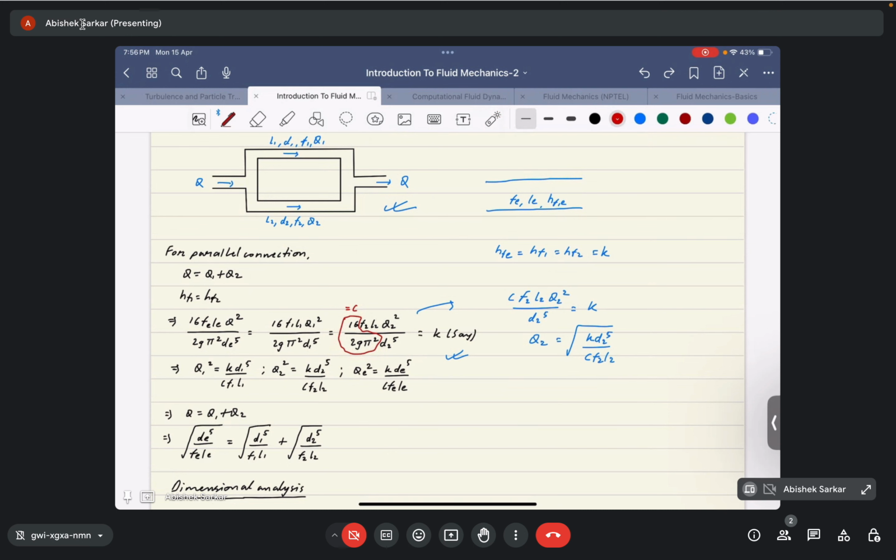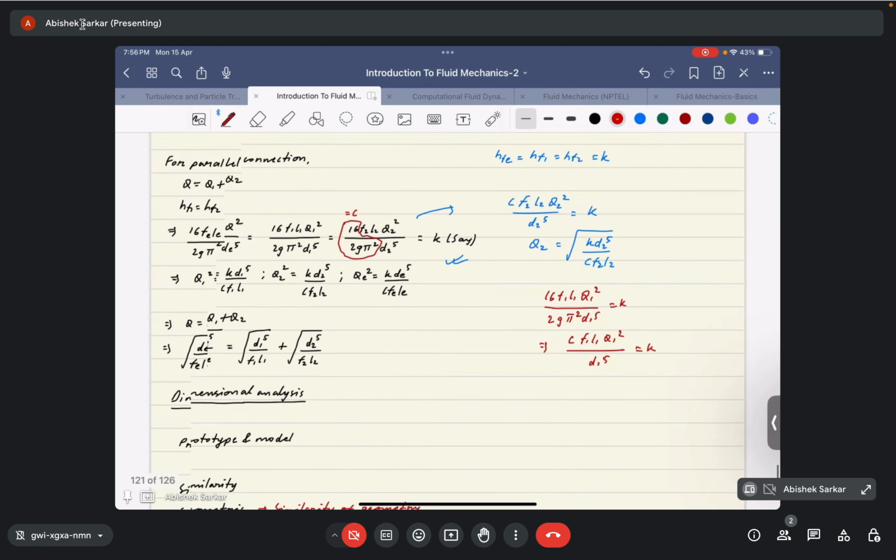Okay, so 16 f1 l1 q1 square by 2g pi square d1 to the power 5 is some constant k. Okay, then if I consider 16 by 2g pi square as some constant c, then we can write c f1 l1 q1 square by d1 to the power 5 is equal to k.